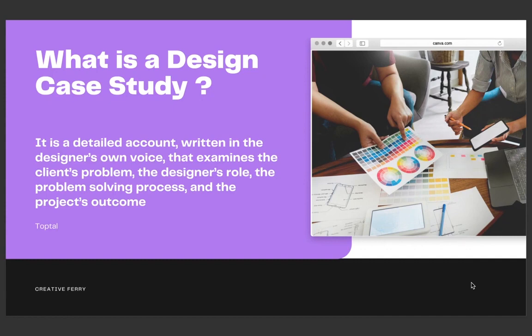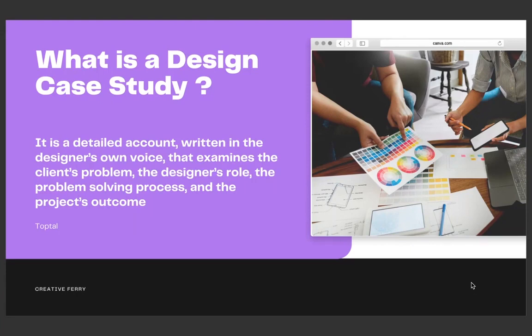So we're going to take note of a few keywords from this definition. Okay, so one is, it is a detailed account, so take note of that, detailed. Two, it is written in the designer's own voice, so it has to be like you are telling a story, like you as a designer are sharing what you did on that project.